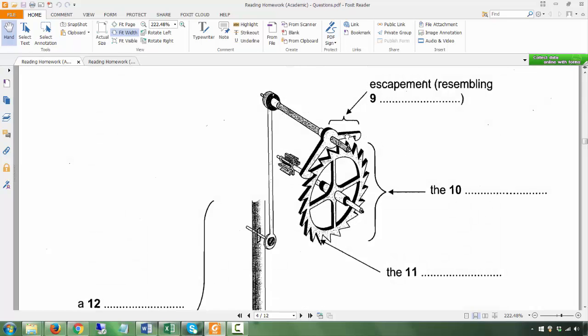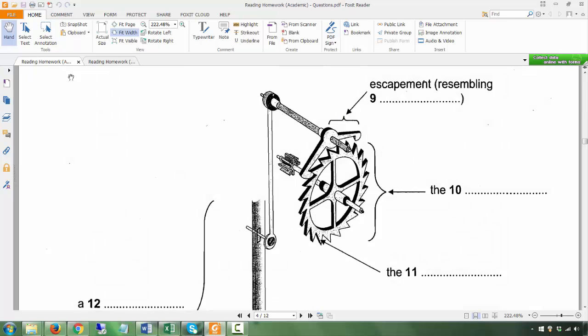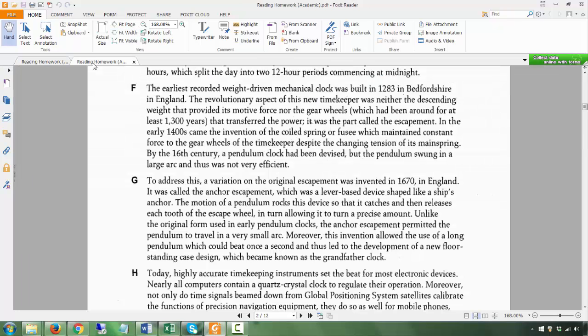Catches and releases each tooth of the escape wheel. Each tooth, this is 1 tooth of this whole thing, which will be called the escape wheel. Okay, right? And what is this? This is a tooth. Right?